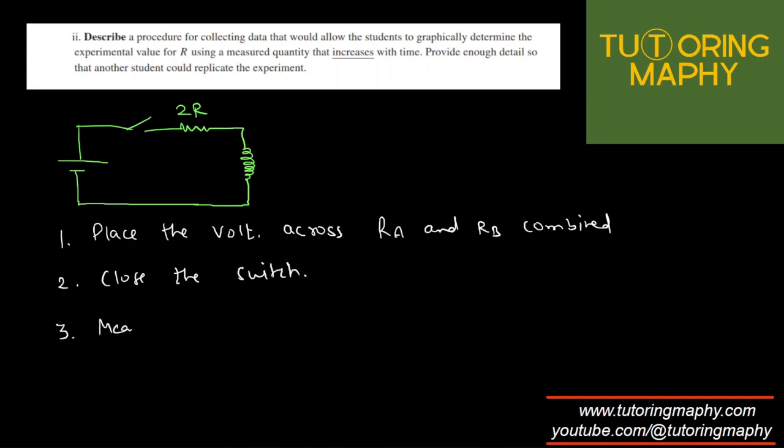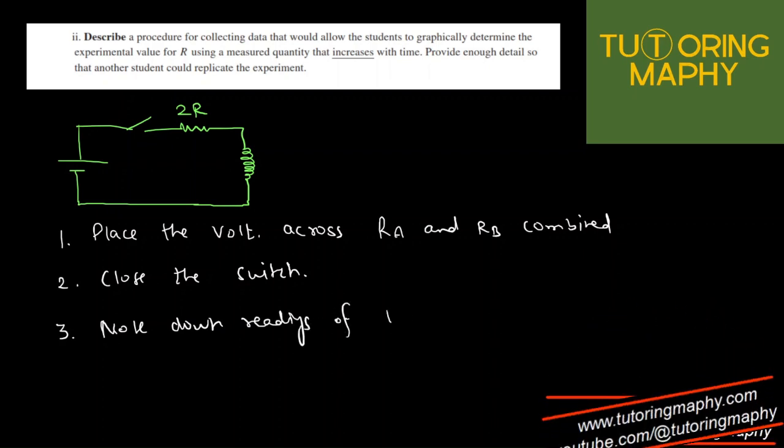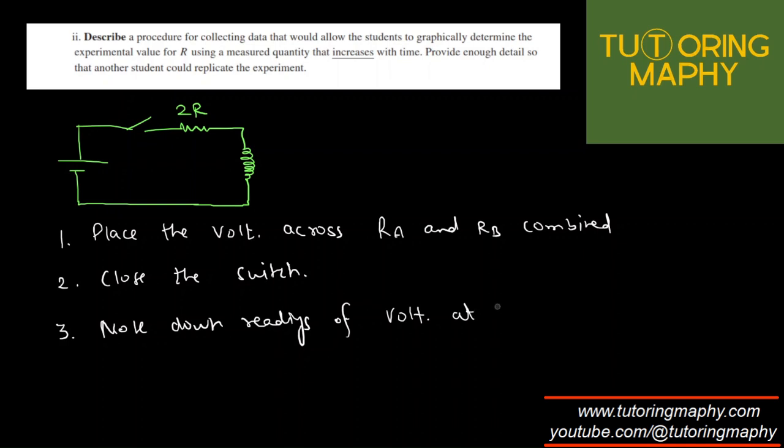Third is measure, or note down readings of the voltmeter at, first of all, t equal to 0 at the instant of closing the switch, so that you have the initial reading of the voltmeter. Actually, the initial reading of the voltmeter would anyway be 0, so it doesn't really make any sense.